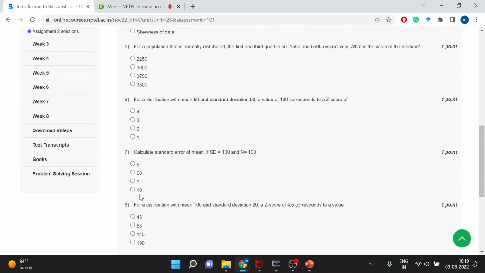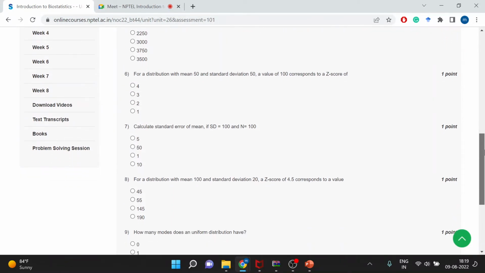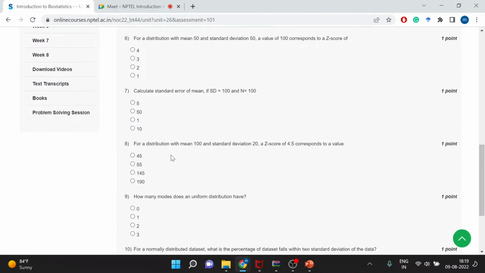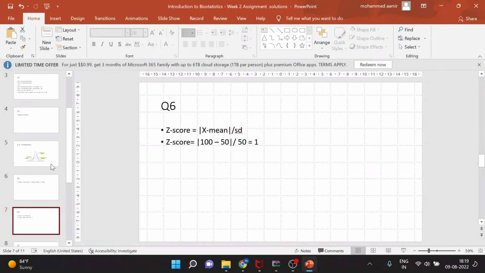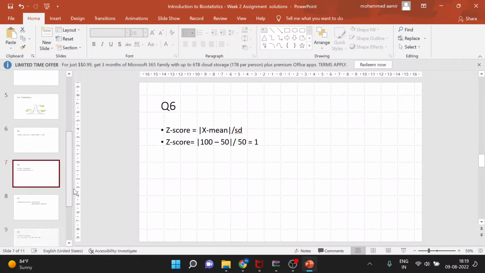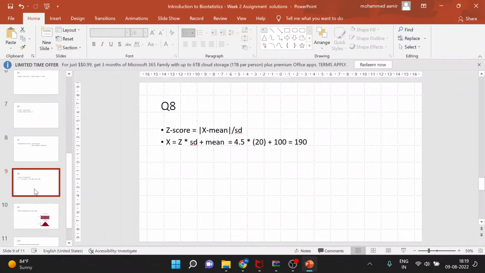Okay, great. Then for the next thing, for a distribution with mean 100, standard deviation 20 and a z-score of 4.5, what value does it correspond to? You just need to rearrange the terms of your z-score formula. So z is (x minus mean) divided by SD. So to calculate x, if all the others are given, it is basically z times SD plus mean.